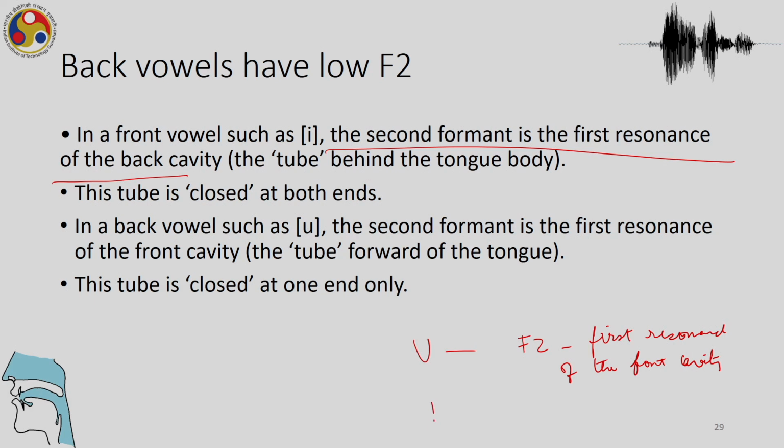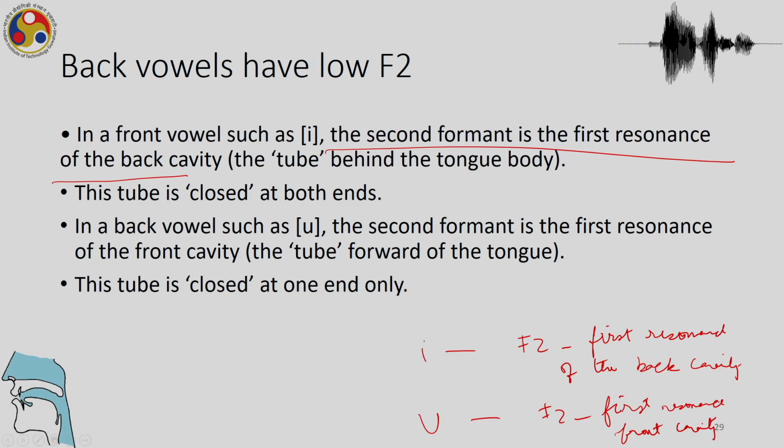And for a vowel like E, F2 is the first resonance of the back cavity. For a vowel like oo, F2 is the first resonance of the front cavity.